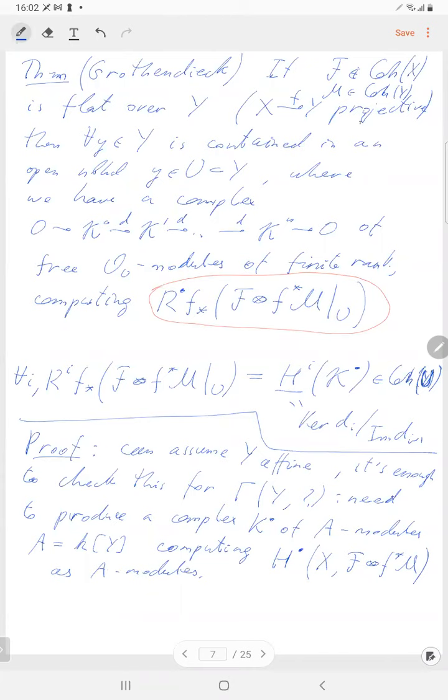And we will compute it using Czech resolution. Okay, the technical tool introduced last time will allow us to prove this technical theorem of Grothendieck this time. So we compute this cohomology via Czech complex.